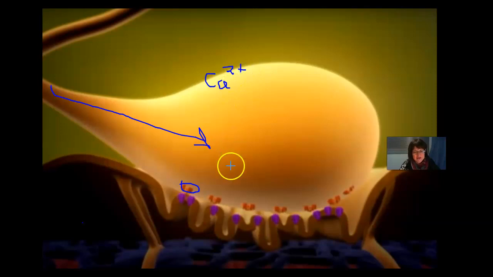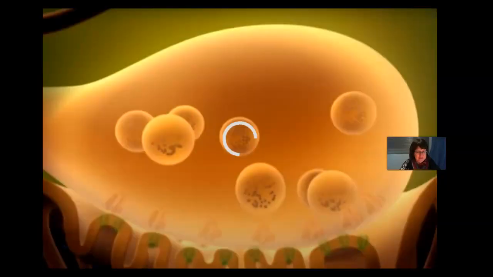So the calcium channels come in, they cause the synaptic vesicles to migrate to the synaptic space, and it will release the neurotransmitter, in this case, acetylcholine.